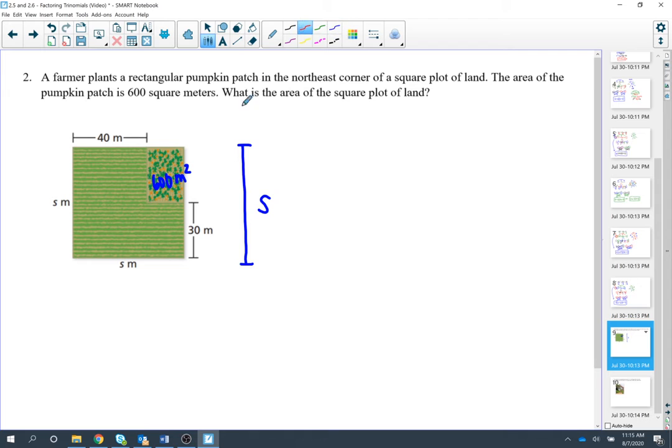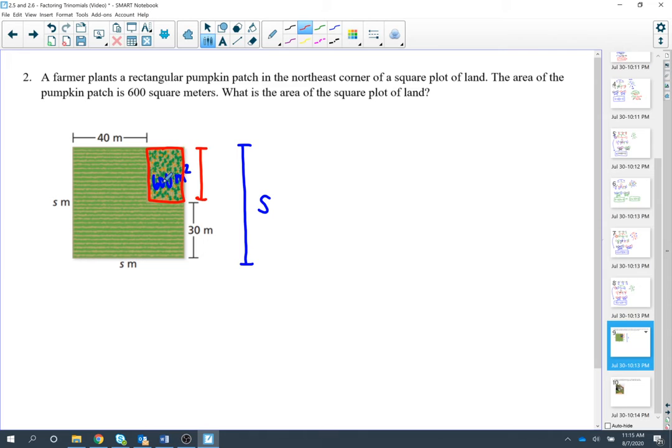But I don't know what this is. And the reason I'm trying to find this is because I know that this area right here is 600. So if I'm just looking right here, mental math is your friend here. What times what could be 600?